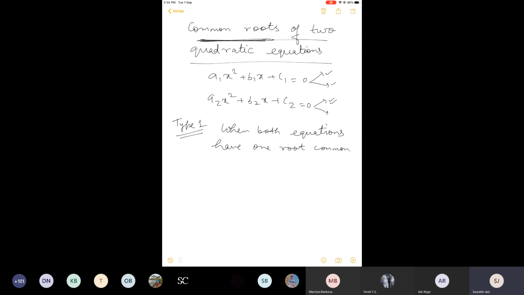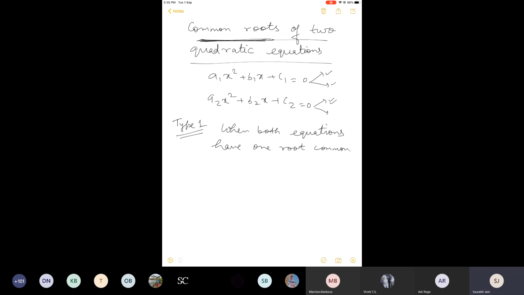So for one common root, we can say that if the first equation has roots alpha and beta, then the second equation can have roots alpha and gamma. So what is the observation? That there is one common root in both the equations. So what we will write?